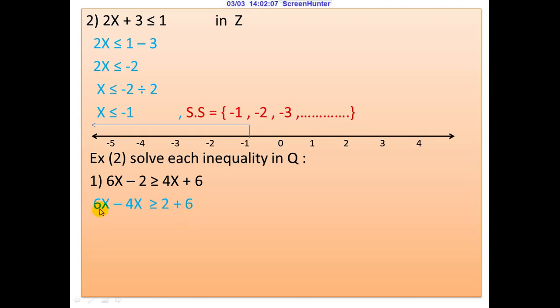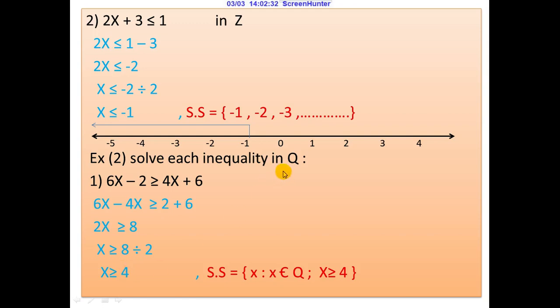Now we can calculate 6x minus 4x, which is 2x, bigger than or equal to 2 plus 6, which equals 8. And finally we can move the multiplication by 2 to the other side with a different sign, so it will be divided by 2. So x bigger than or equal to 8 divided by 2, which is x bigger than or equal to 4.